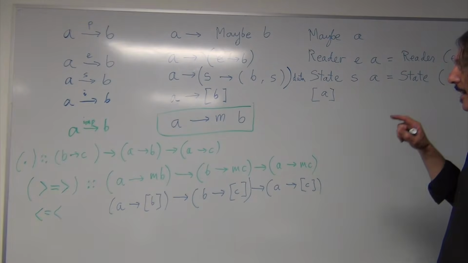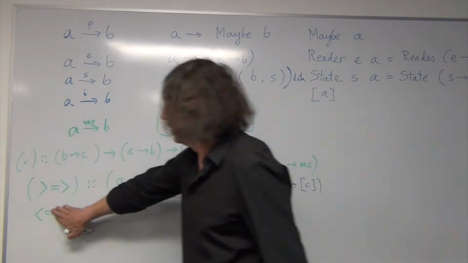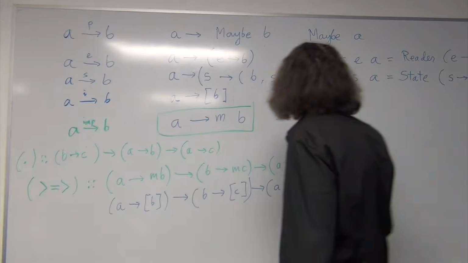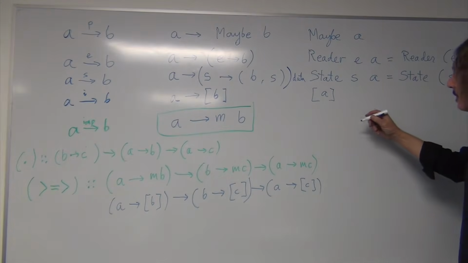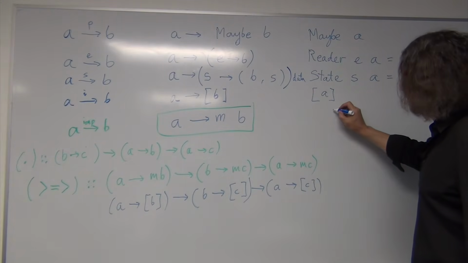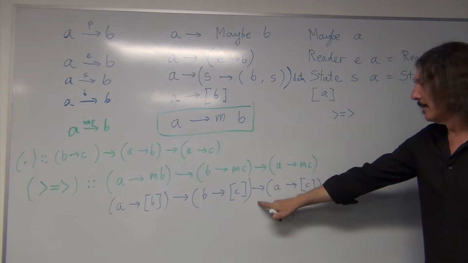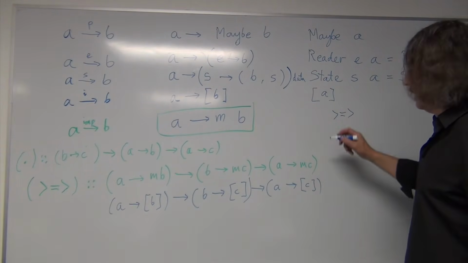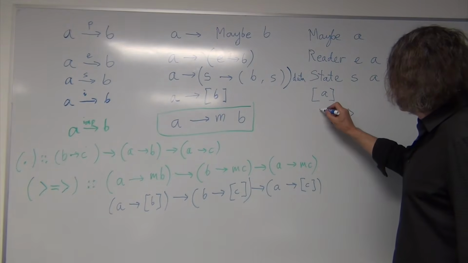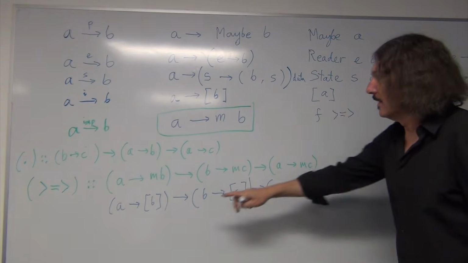Sorry, this is not this, this is this guy, right? So this guy, the fish, for list takes a function. Let's call this function f.